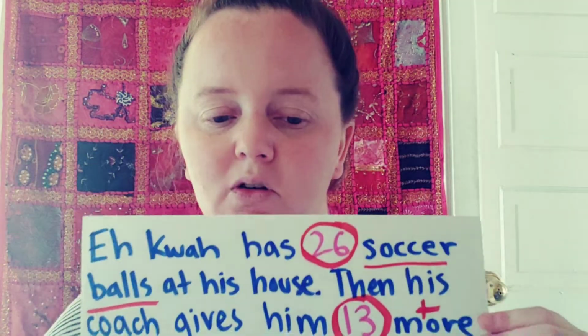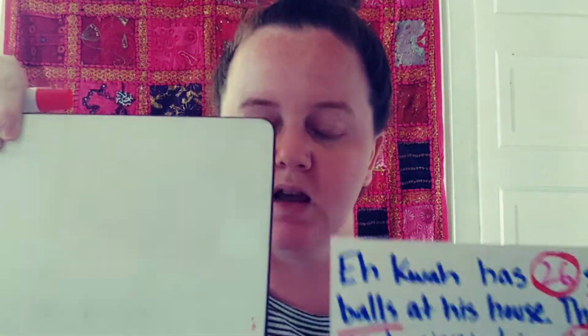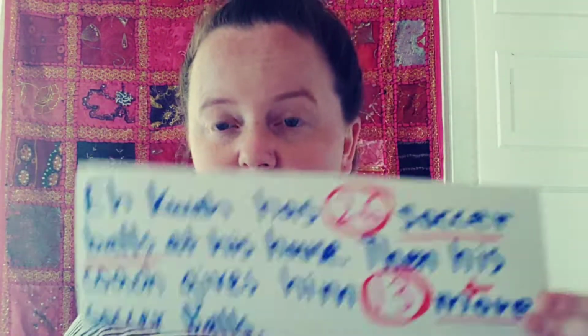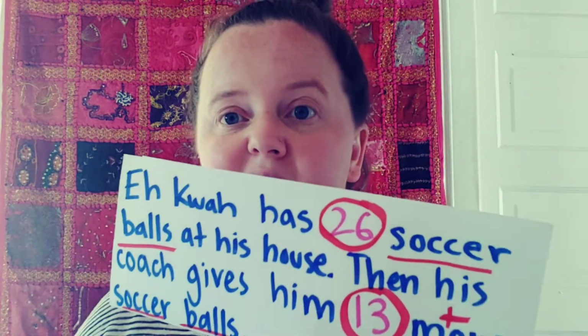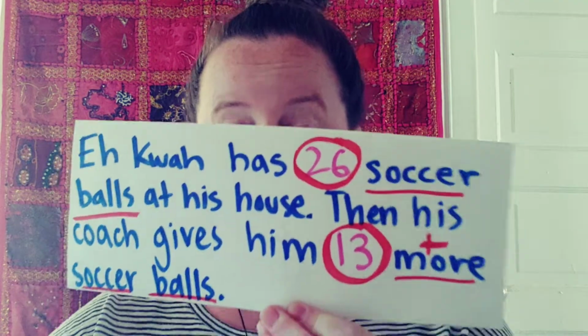So we read the problem 3 times and now we're going to solve the problem. I have my whiteboard and we are going to work on solving this problem together. Let's think about the information that we know. We know that Ekwa has 26 soccer balls, so I'm going to write down the number 26.